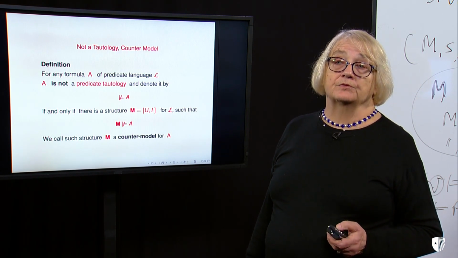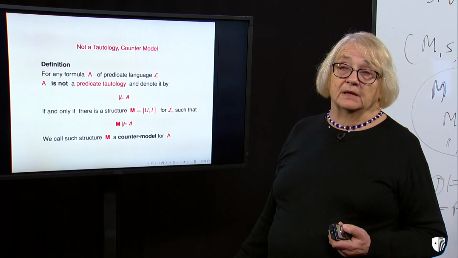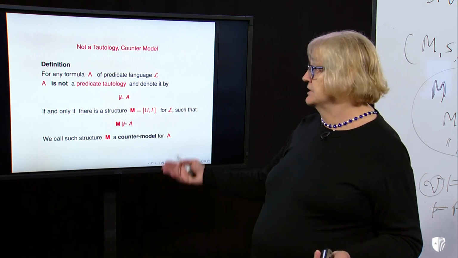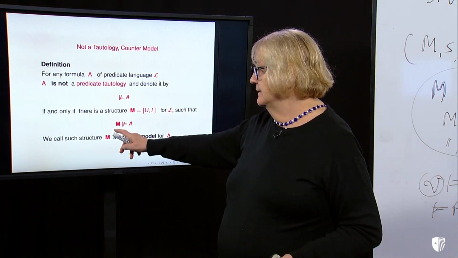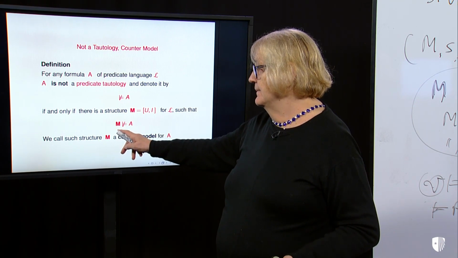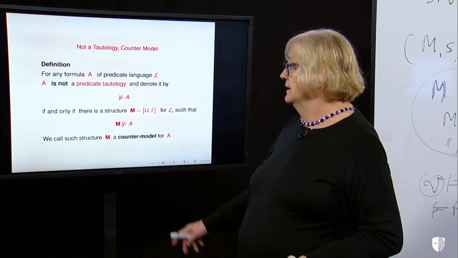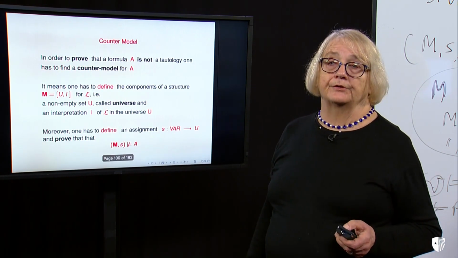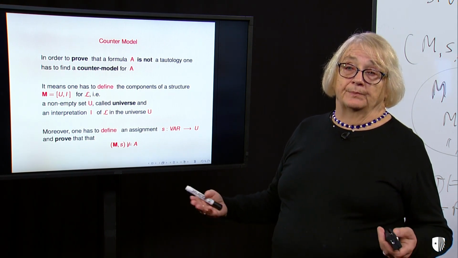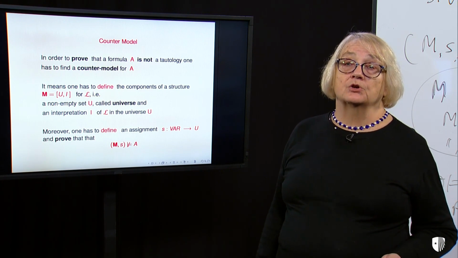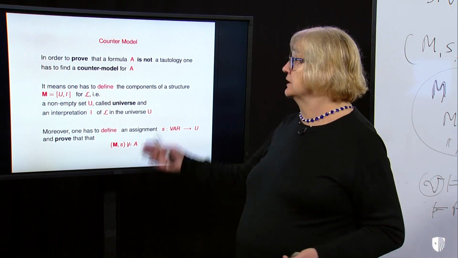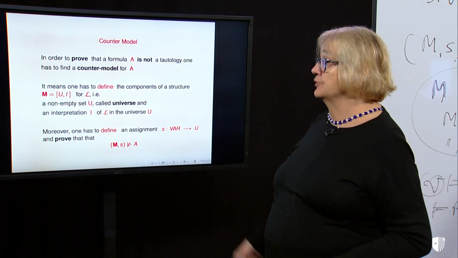And of course, a formula is not a predicate tautology if there is a structure M that is not a model of A. It's called a countermodel. So to prove that a formula is not a tautology, we have to find a countermodel.